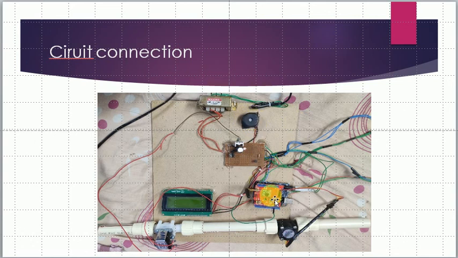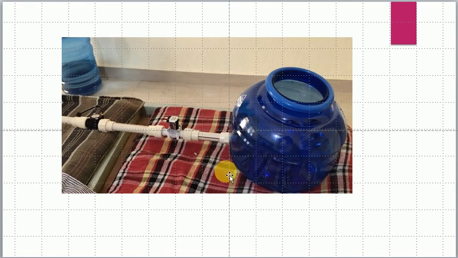This is the LoRa, and downwards is the Arduino. This is the gateway, and this is the flow sensor showing how fast the water flows. Here the connection takes place like this, and this one is also for the water tank level.